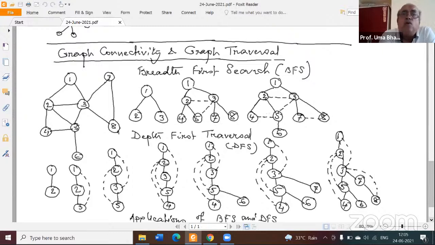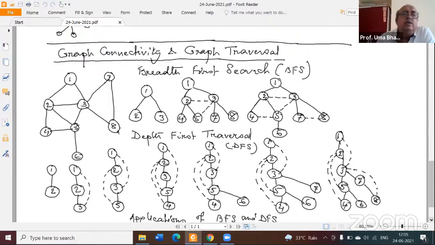So when I'm at 4, after 2, 3, what is the next level? From 4, I have only 5. From 2 we have already come. So 5 is already there. I have nothing to do. So please put a dotted line there. There should be a dotted line here between 4 and 5 because there's a connectivity. The dotted line. And then 5.